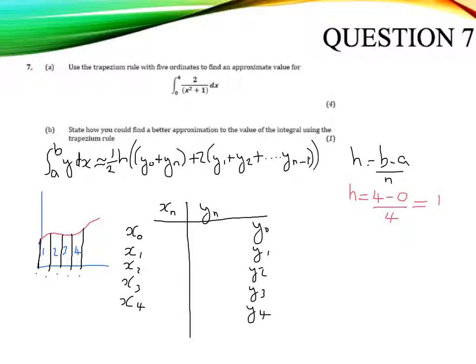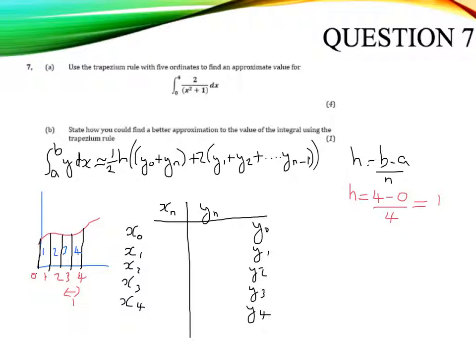Okay, so the numbers we're going to be putting in are going to be 0. This last one is 4. So 1, 2, 3, 4. This is the h part. So the width of each strip is 1. This is what we've been finding out. The width of the strip is 1. Okay, so we're going up in ones.